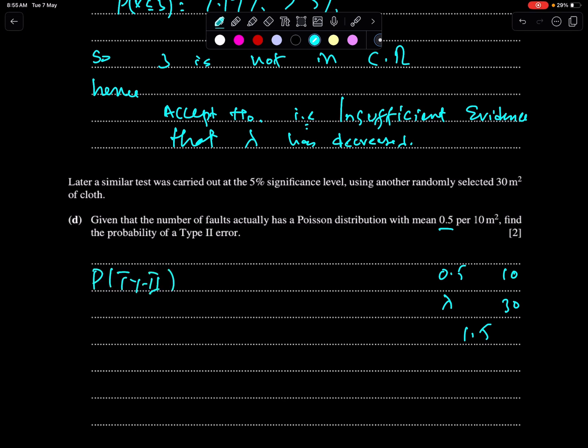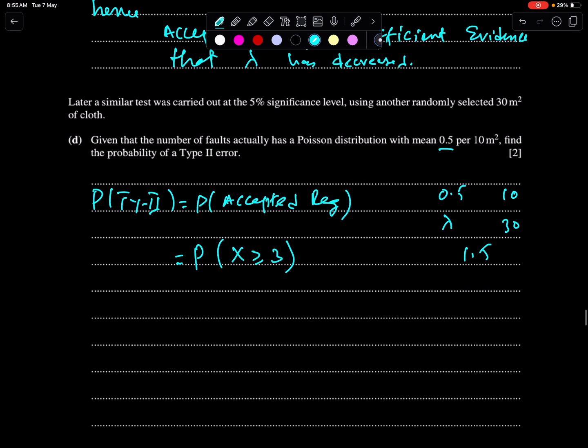Probability of type 2 is the probability of accepted region. And accepted region is x greater equal to 3, because 3 is not in critical region. And critical region is x is 0, 1, 2. So accepted region is greater equal to 3. So 1 minus 0, 1, 2.